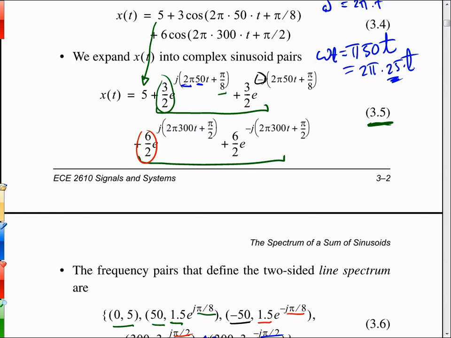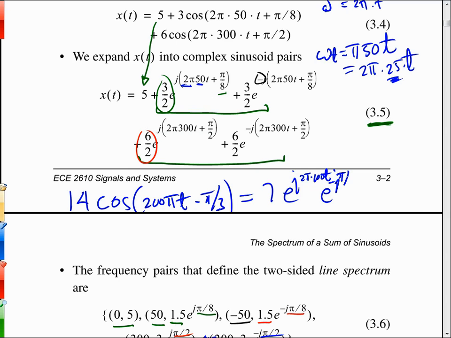Okay. If everybody else is not following this, they have this term. I'll just pull one of the terms out: 14 cosine of 200 pi t minus pi over 3. And then you could break that with Euler's identity to be 7 e to the j 2 pi times 100t times e to the minus j pi over 3.